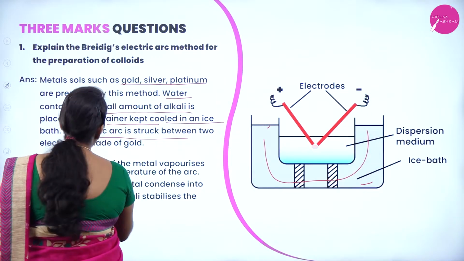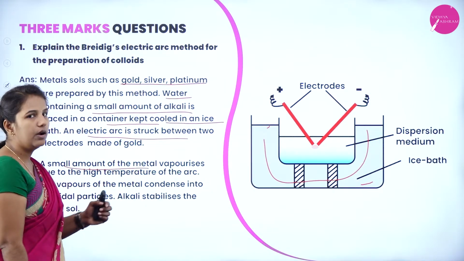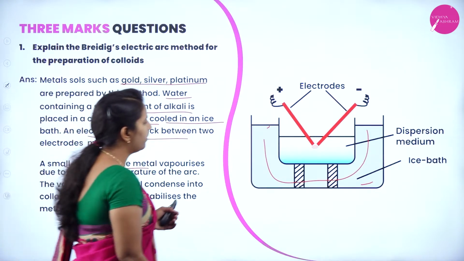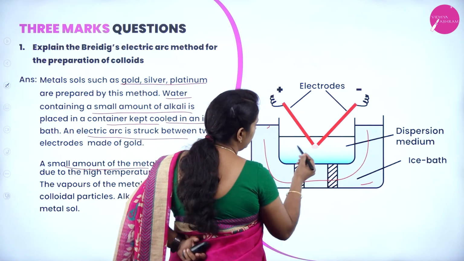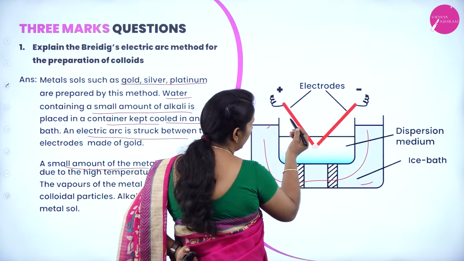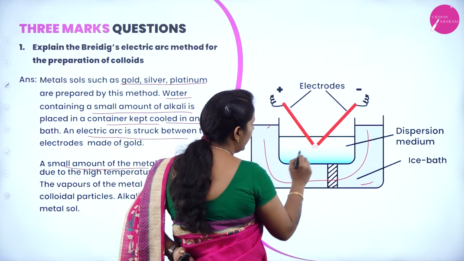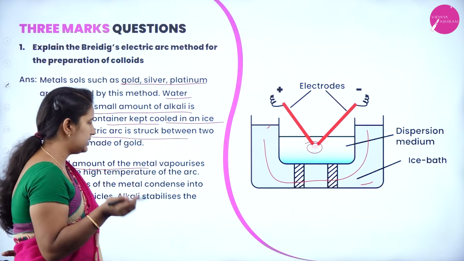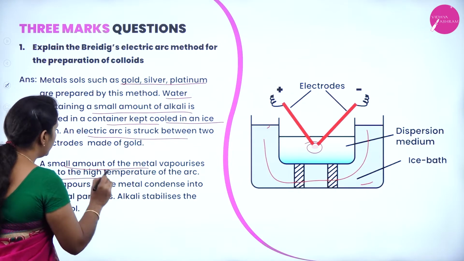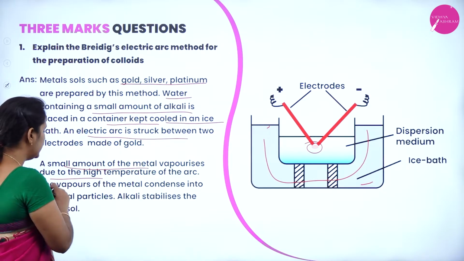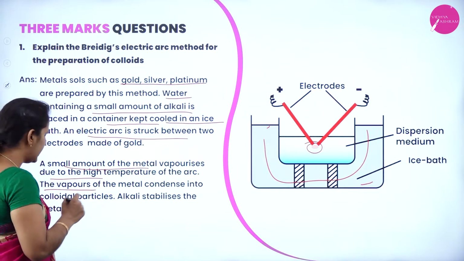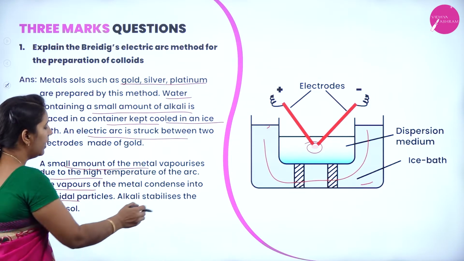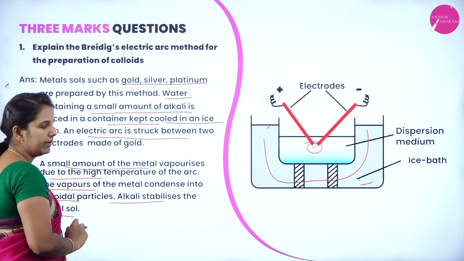You know, a small amount of metal gets vaporized. So here we have taken the alkali with the metal. When we strike the electrode and apply the electrical field, the metal will start vaporizing, okay? So due to the high temperature of the arc, the vapors of the metal condense into colloidal particles and the alkali stabilizes the metal sol.